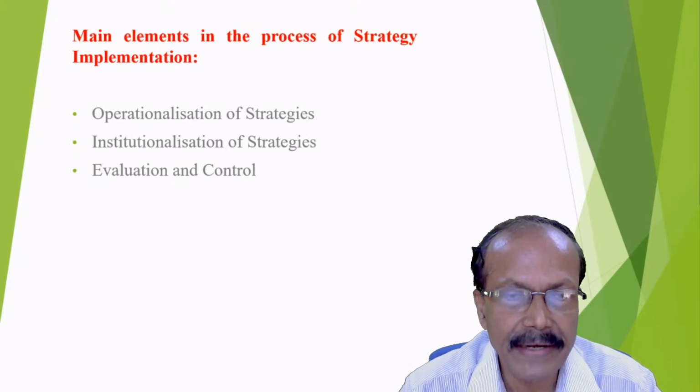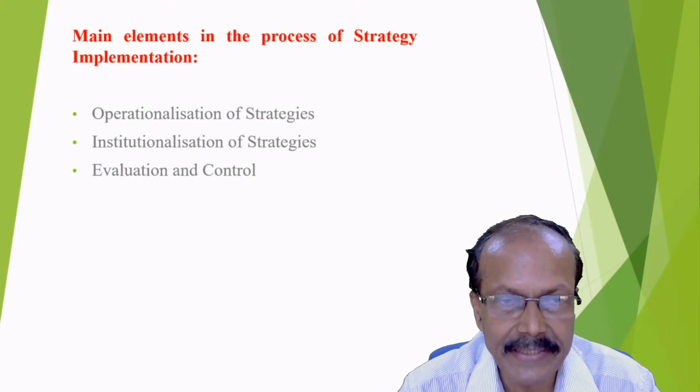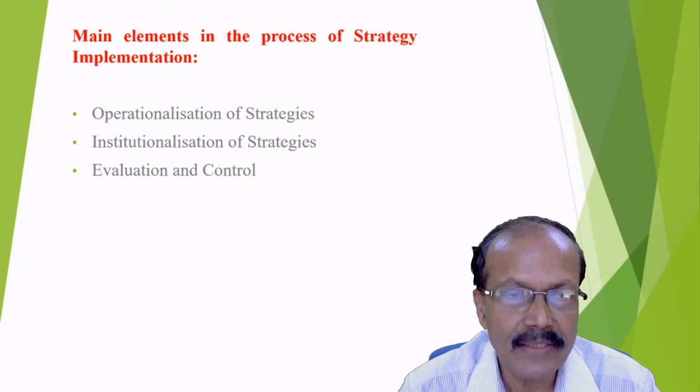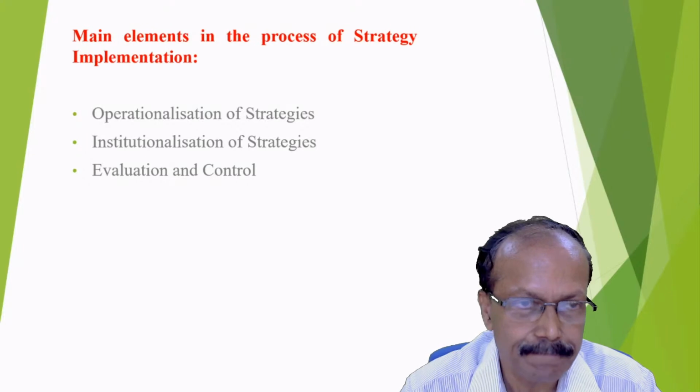That is the sequence of activities to be followed one after the other in order to ensure a quality product or a quality service. That is called the standard operating procedure.